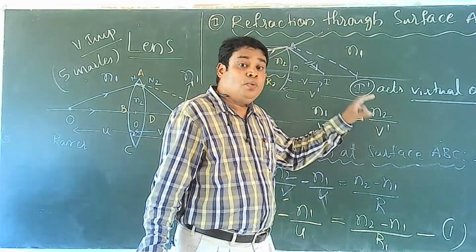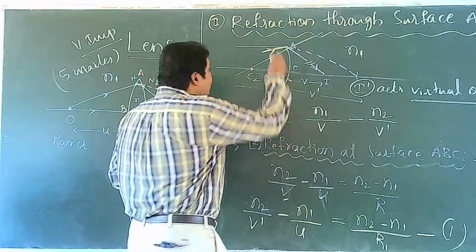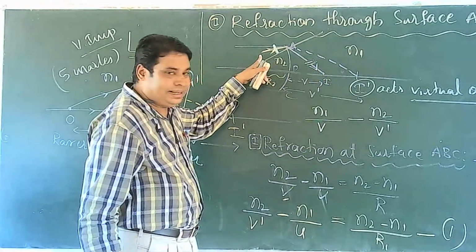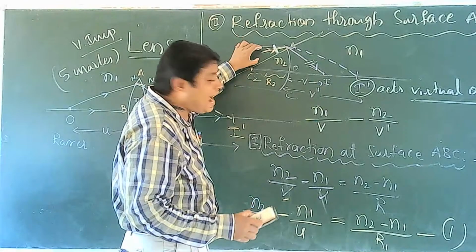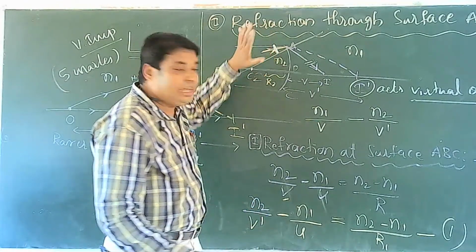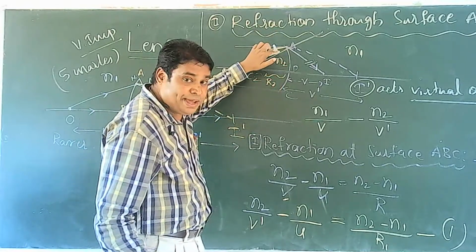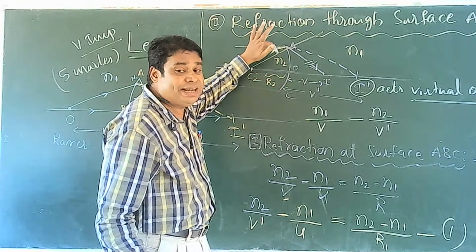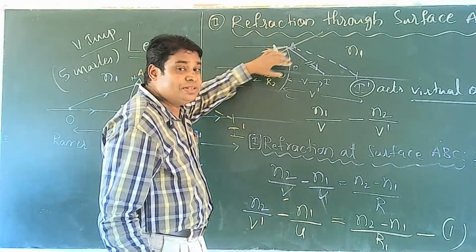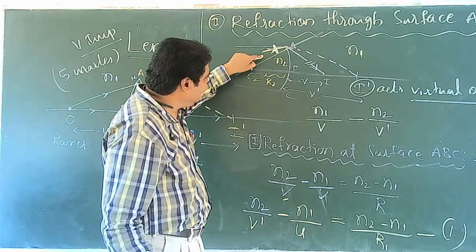the refractive index of the space where the incident ray is present. Where is the incident ray? Here we have the incident ray. This is not at all the incident ray. This is the incident ray.